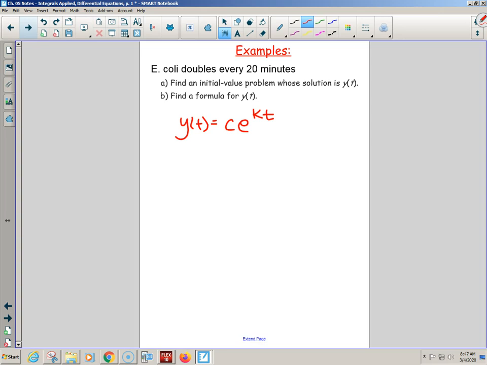But wait a minute. You know t. What? Well, I know a t. What do I know is going on for 20 minutes? Double. The ratio is 2. I didn't need to know where it started to be able to set the ratio equal to 2. I'm like, I don't know, but whatever that guy was, divide it, and it's 2. Wait, so what happened to the C?